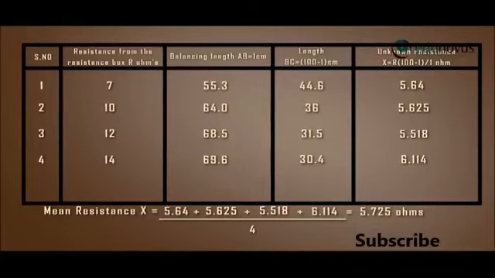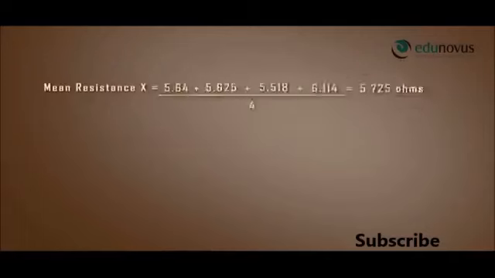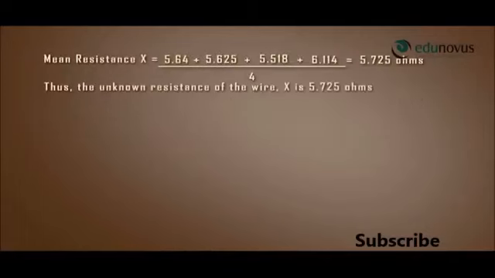Therefore, mean resistance X is equal to 5.725 ohms. Thus, the unknown resistance of the wire X is 5.725 ohms.